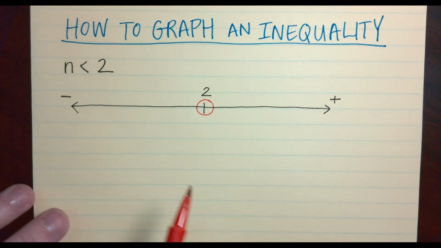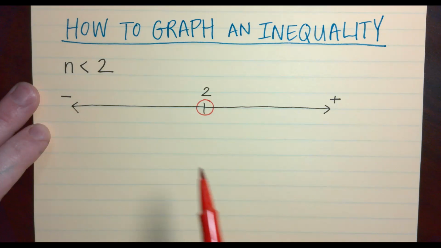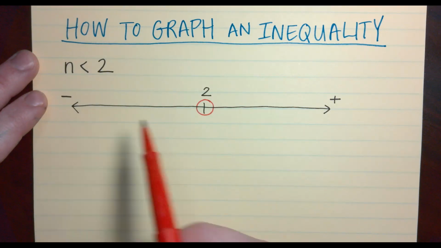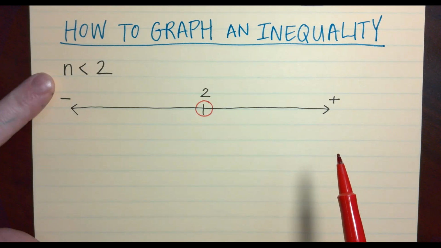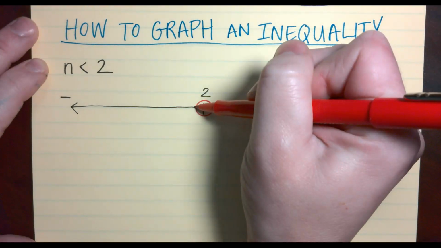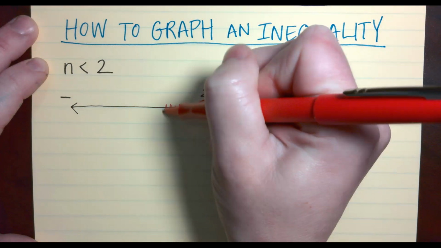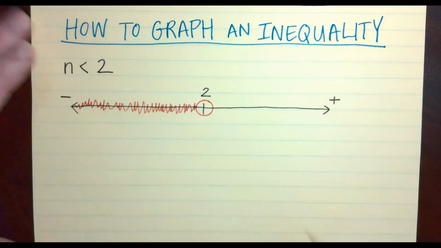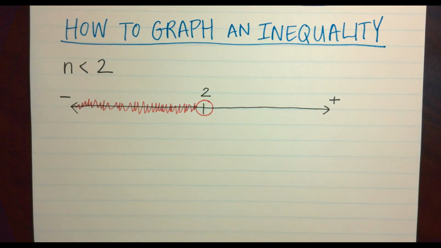Now, all we have to do is show a way that is going to tell us that any of the numbers that are smaller than 2 are possible values for N. So I'm just going to take my little color and I'm just going to color in everything that's smaller than 2. And that's it. That's how you graph it.